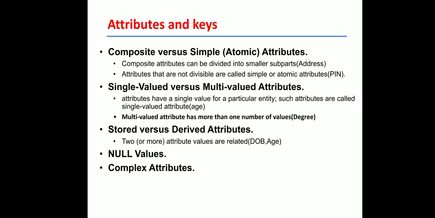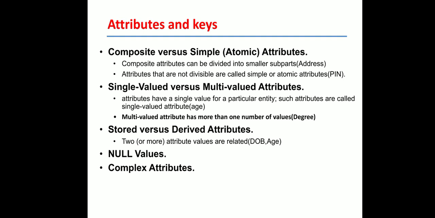After knowing 1995 as my date of birth, my age up to date will be 25. So this date of birth is the stored value, and from that we have derived the age. Whatever value you got from that is a derived attribute. Age is a derived attribute.